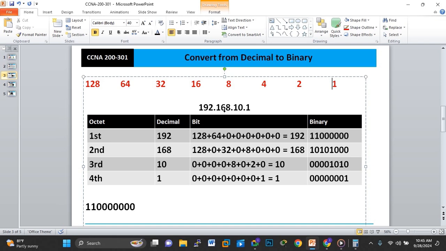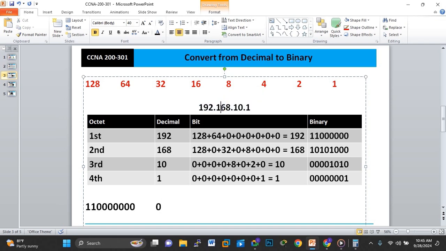So now, if we want to convert this 168 to binary, what happens? Now we go to 128. You can see 128 is smaller than 168, so this bit is supposed to be on. 128 is smaller, 168 is bigger.